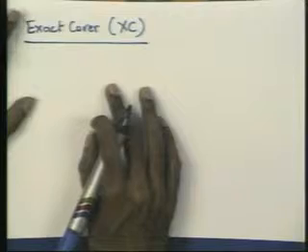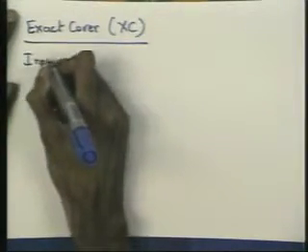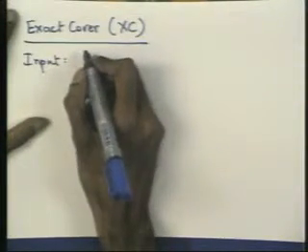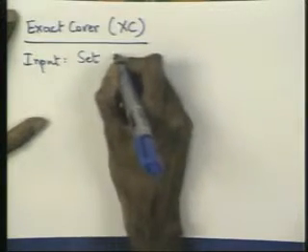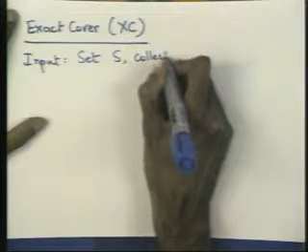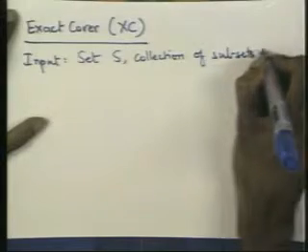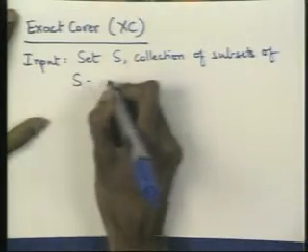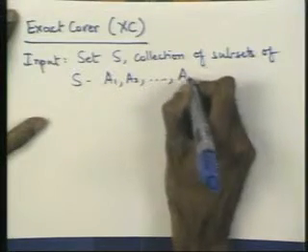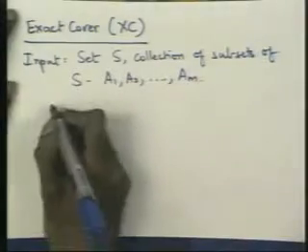Here the input is a set S and a collection of subsets of S, A1, A2, and so on up to AM. So there are M subsets of S.